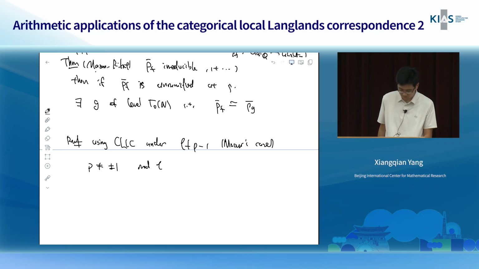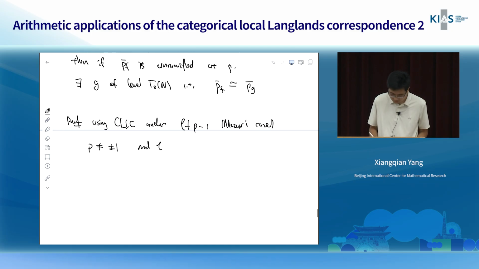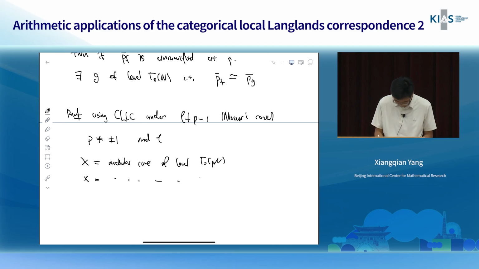This is called banal, and then the representation theory and the stack of L-parameters look very similar to the characteristic 0 case. And then what we have is a modular curve of level Gamma_0(pN), and another one is a modular curve of level Gamma_0(N).